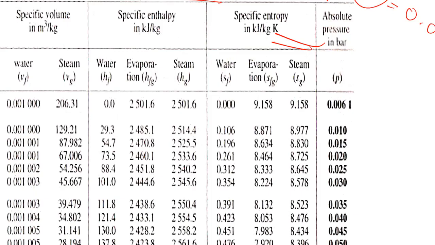So we look at the corresponding values, 0.0299 and the next value, 0.025, and calculate by the interpolation method. We use the interpolation method and obtain TDP of 24.1 degrees centigrade. So by using this chart we can calculate the TDP.